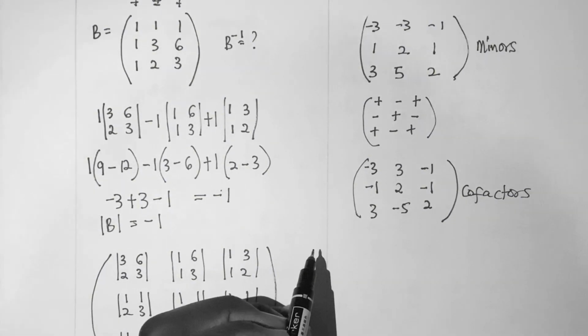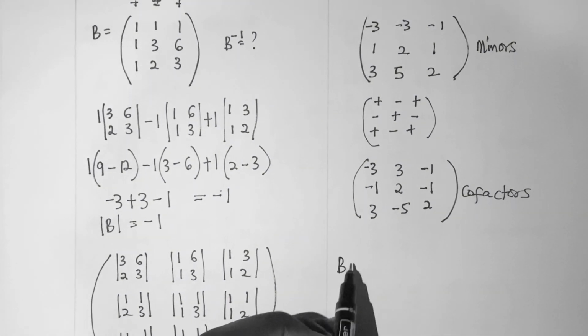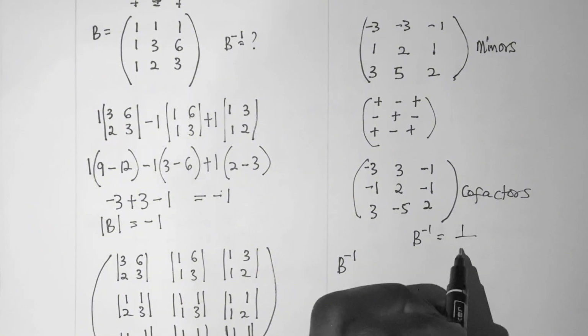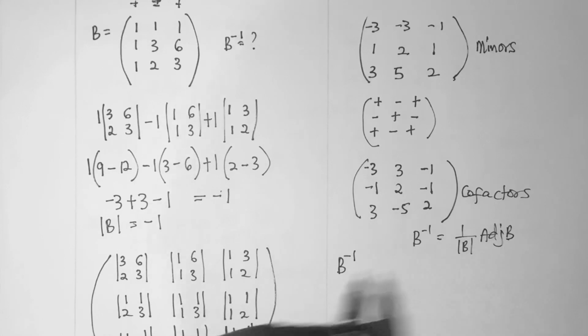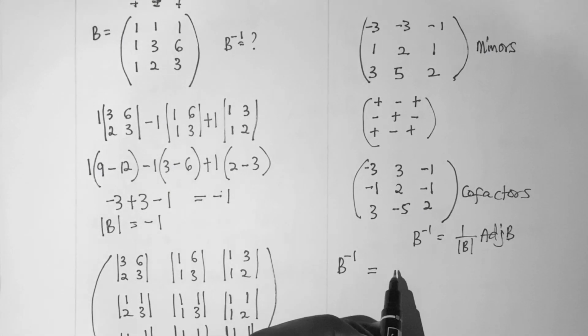And then the last thing we do is to write the inverse. So B inverse, remember we said B inverse is equal to 1 over the determinant of B times the adjoint of B. We got the determinant as minus 1. So 1 over minus 1 is the same as minus 1.